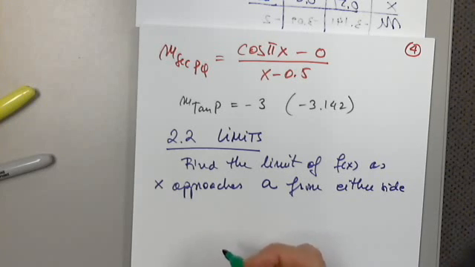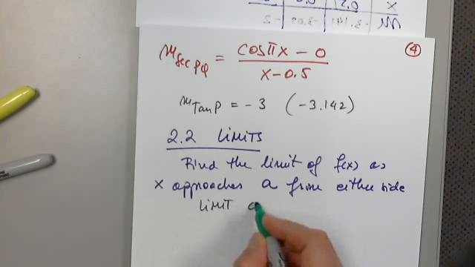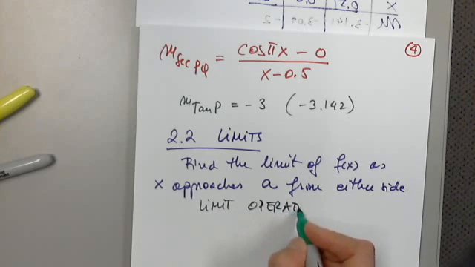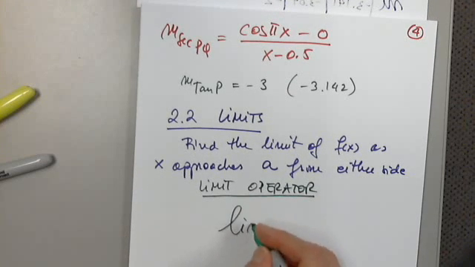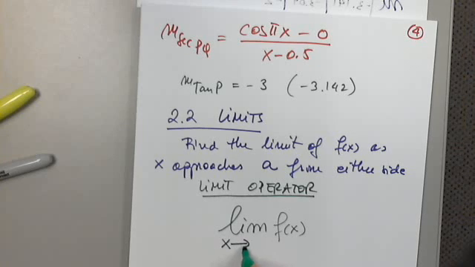This is the limit operator. And here's how we write it. LIM, limit of function f of x, underneath LIM as x approaches a from either side. And one more time, this is the way we read it. Limit of f of x as x approaches a from either side.